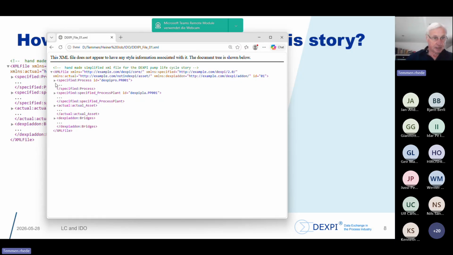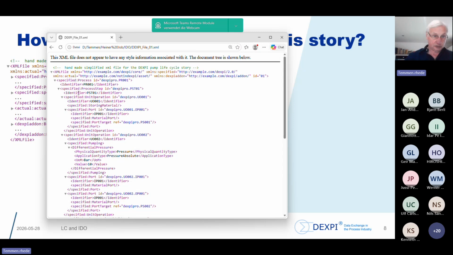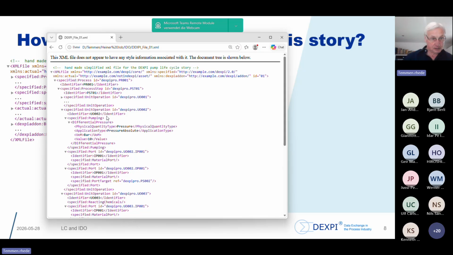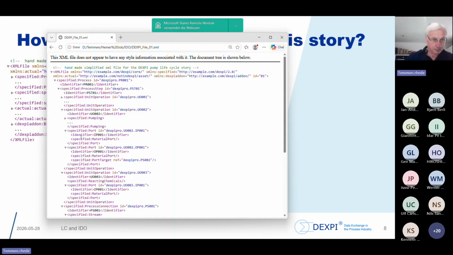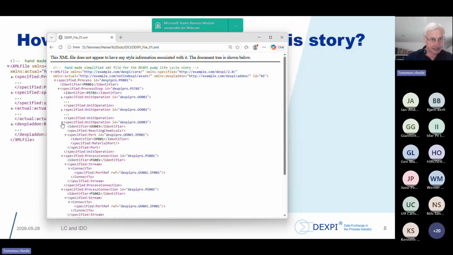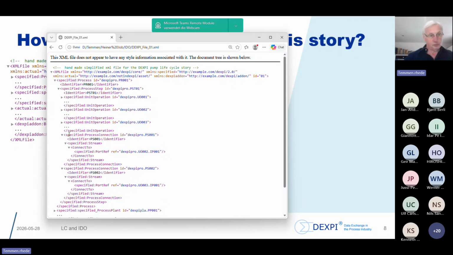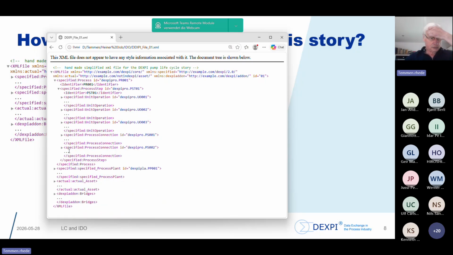Here we see the process itself, then the process step, then the unit operations, the different ones with their ports: the first one, the second one is the pumping, and here we have a property as well, and the ports from the pumping unit operation, and the third unit operation, the reacting unit operation. Then for the process connections, we have the two streams which we had in our model.